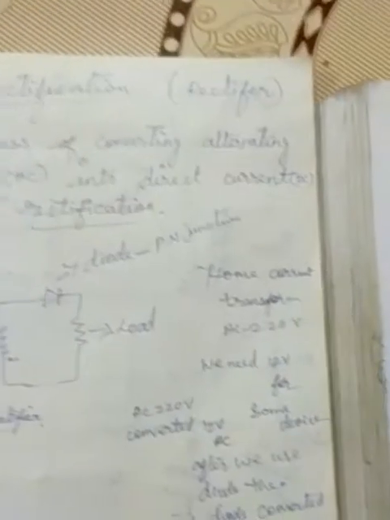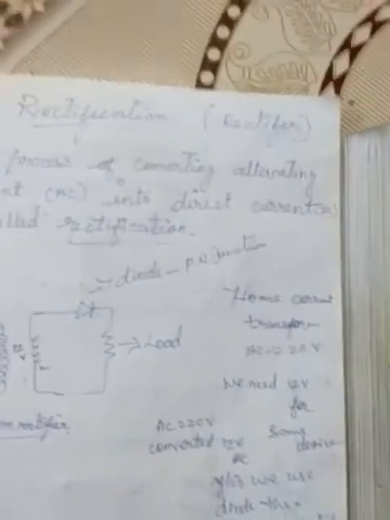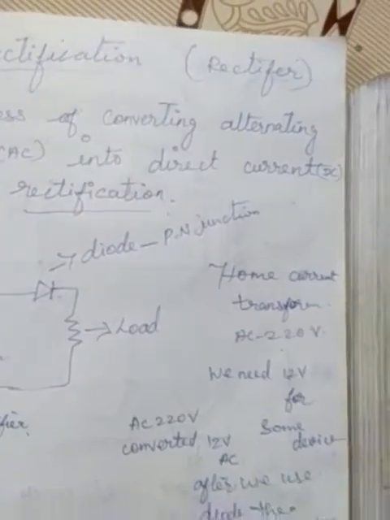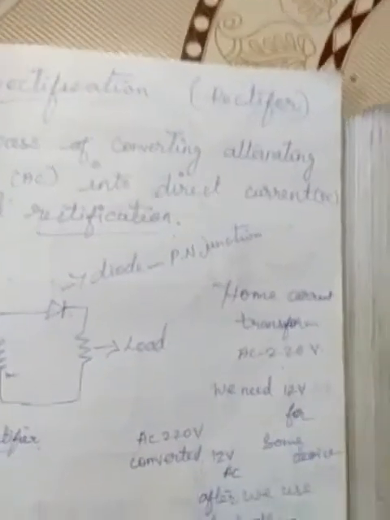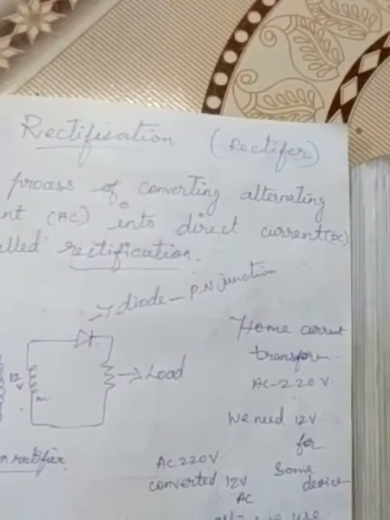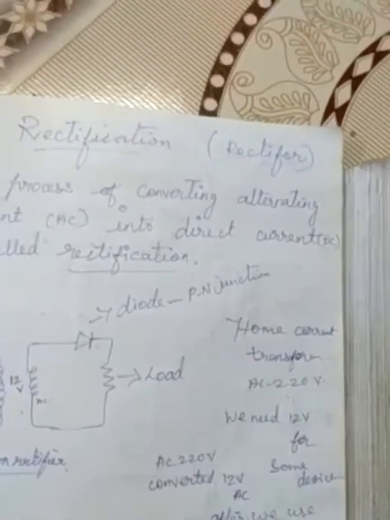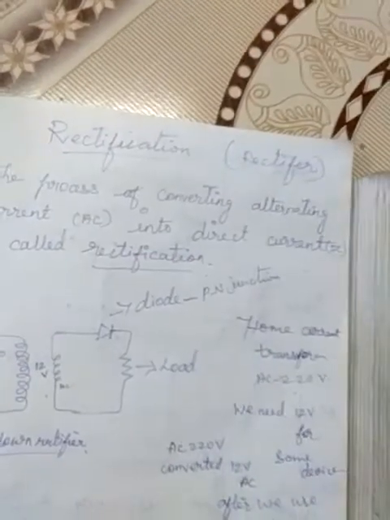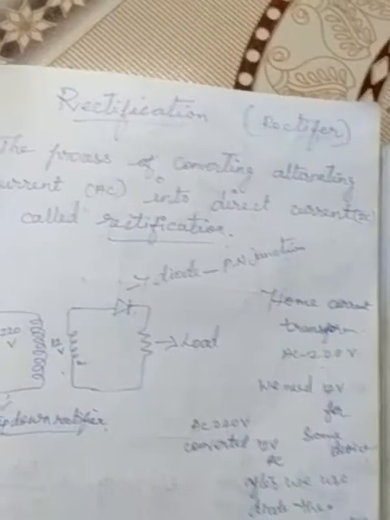Let us take an example. The current value in our home is 220 volt. I think you know that each house receives 220 volt, and that is alternating current, AC only.